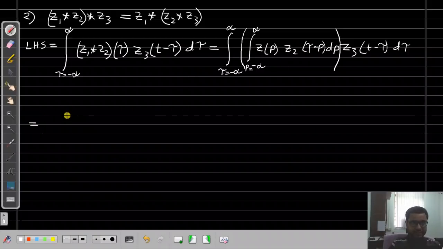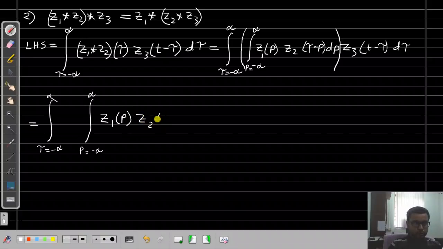Now next I shall write it this way. Integration over tau equal to minus infinity to plus infinity, then integration over p equal to minus infinity to plus infinity, z1 of p, z2 of tau minus p.